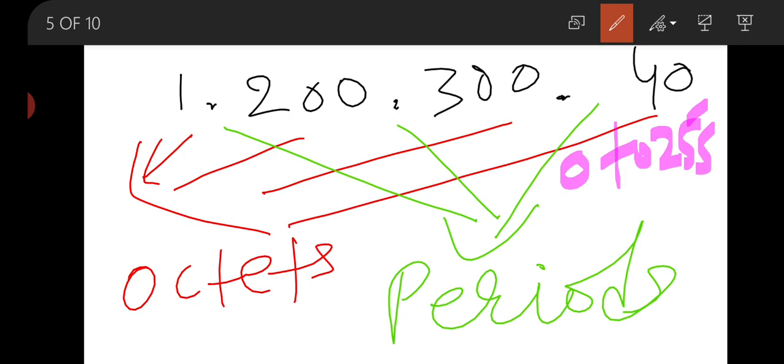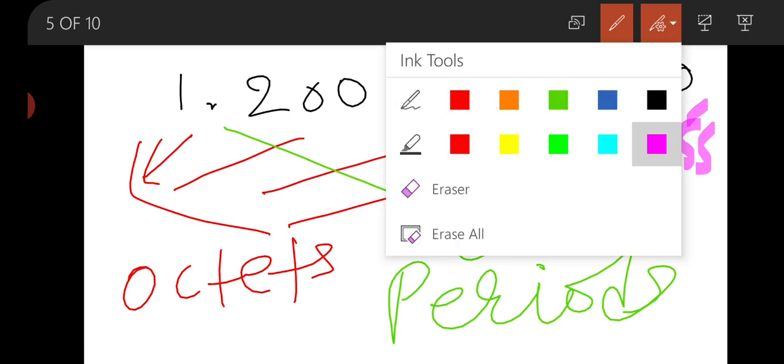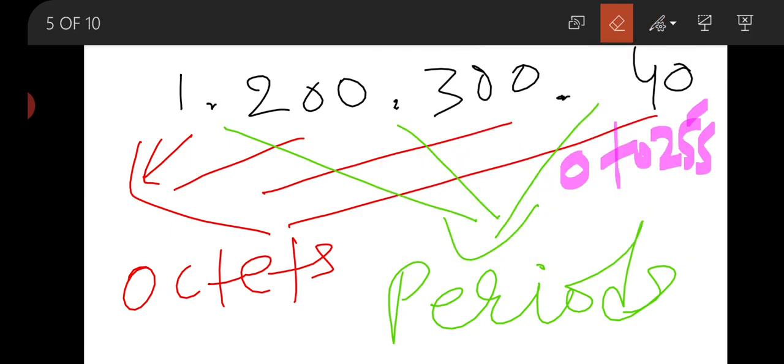That means if we write an IP address like this with 300, this is a wrong IP address. Why is it so? Because the range is 0 to 255.